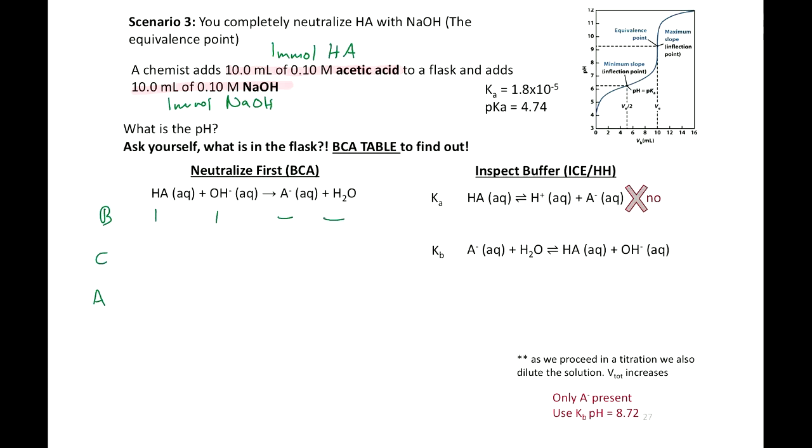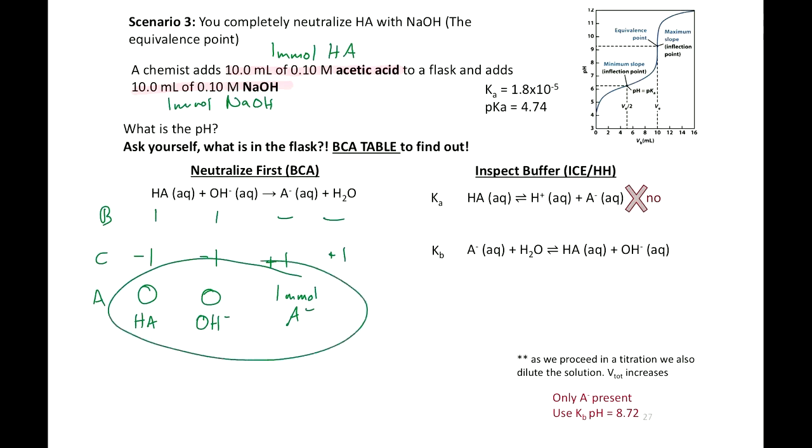So in the change line, it's -1, but it's also +1 for water too. So after this neutralization, I have 0 HA, I have 0 sodium hydroxide, but I have 1 millimole of A minus. All of those things are in my beaker. A minus is a what?